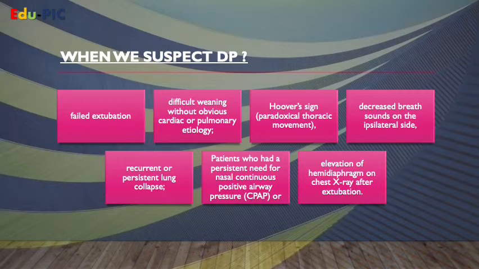Decreased breath sound on the ipsilateral side, recurrent or persistent lung collapse, patient who had persistent need for nasal continuous positive airway pressure like CPAP, or if we have elevation of the hemidiaphragm on the chest X-ray after extubation. All these make us suspect diaphragmatic palsy.